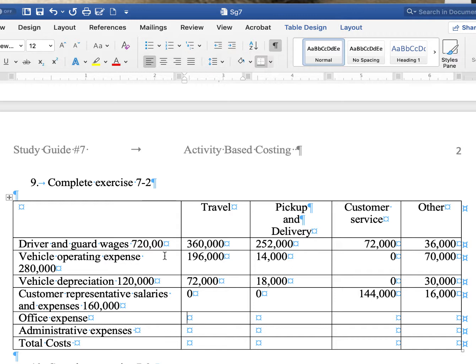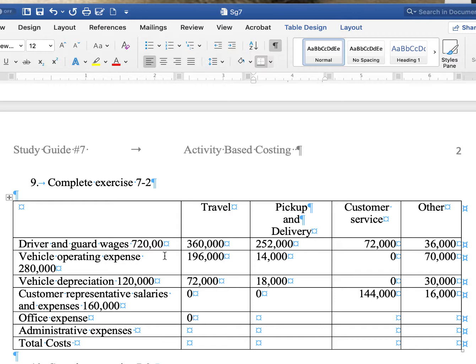And then we have office expense. So we say the same thing. We have this office expense. The activity cost pool of travel: what percentage of travel consumes office expenses? Well, 0.